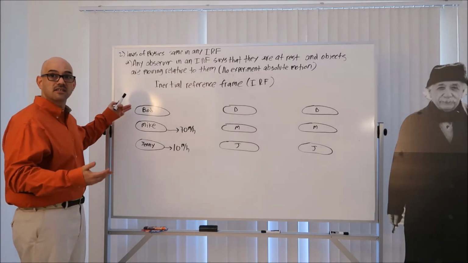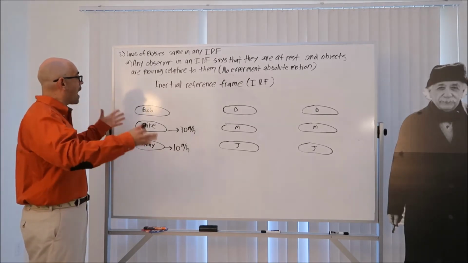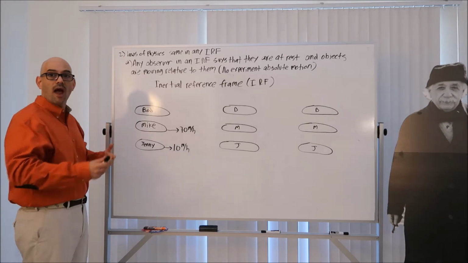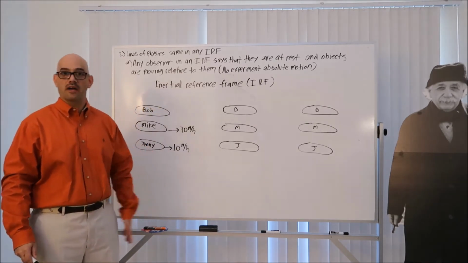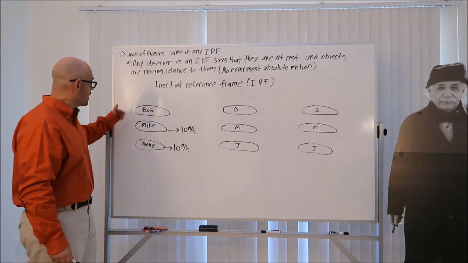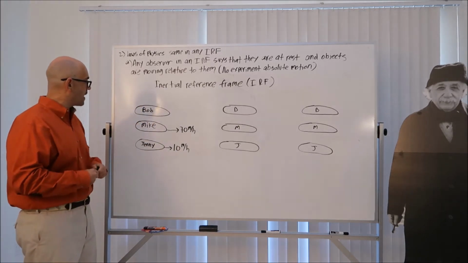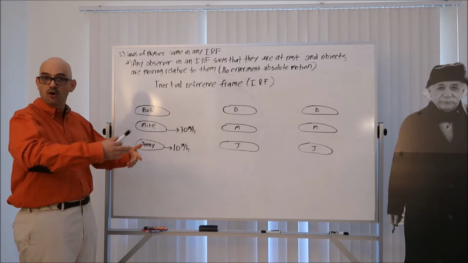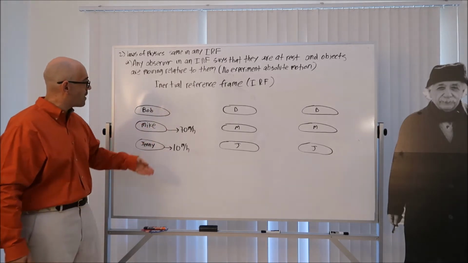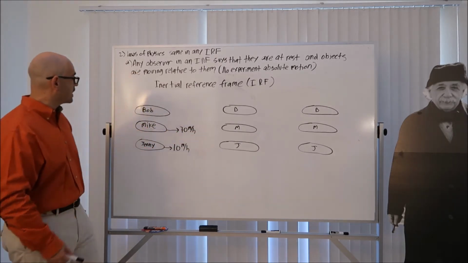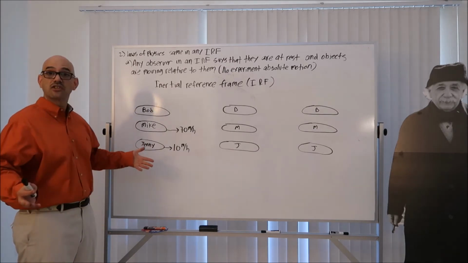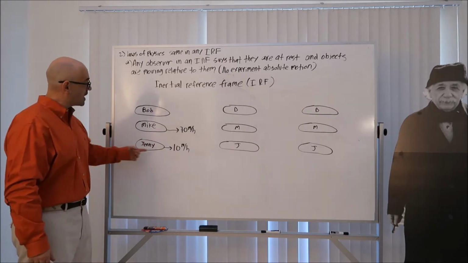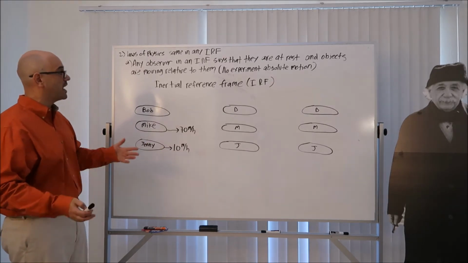That's what Einstein's second postulate says. Bob says he's at rest and everything around him is moving relative to him, and there's no experiment that can show otherwise. Bob sees Mike moving at 70 miles an hour relative to him. It doesn't have to be flying by him, Mike could be over here, but Mike is moving at 70 miles an hour relative to Bob. And Jenny is on another ship, and Bob sees Jenny moving at 10 miles an hour relative to him.